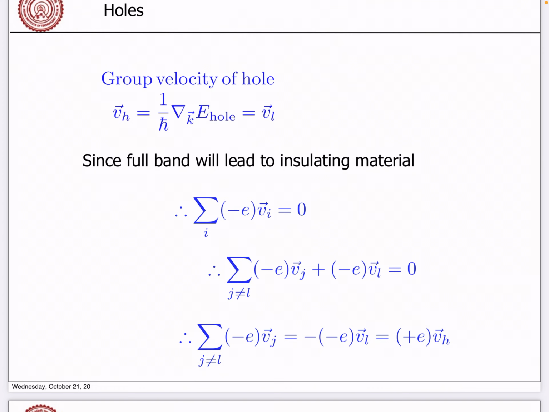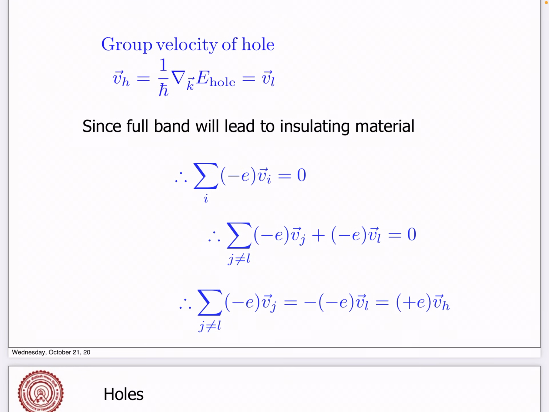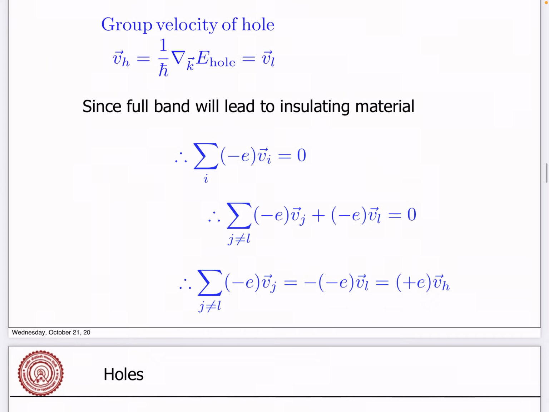So now we are separating this in terms of the j electrons and the lth electron, right? So the sum over the whole band is 0. Now the lth electron, remember, we have removed this electron. So now the sum over minus e v_j, where minus e is because of the negative charge of the electron, and j not equal to l, is equal to minus of minus e v_l, the velocity of the lth electron.